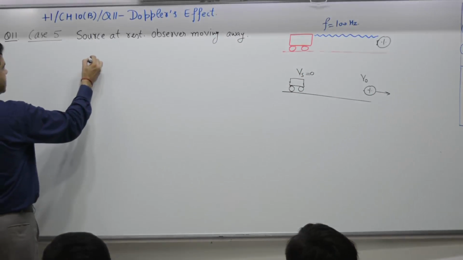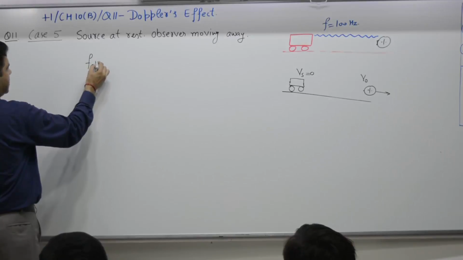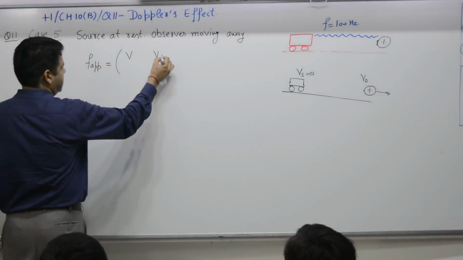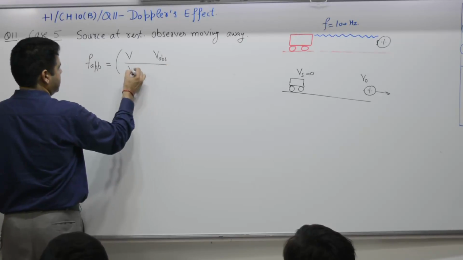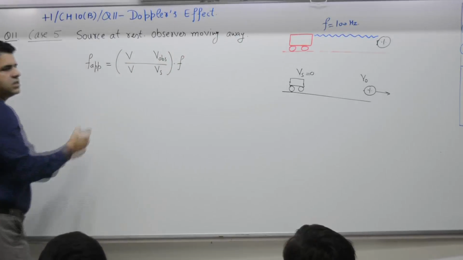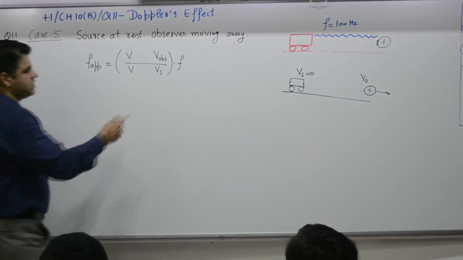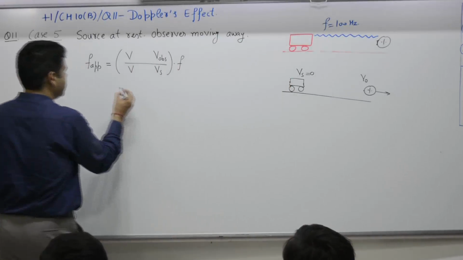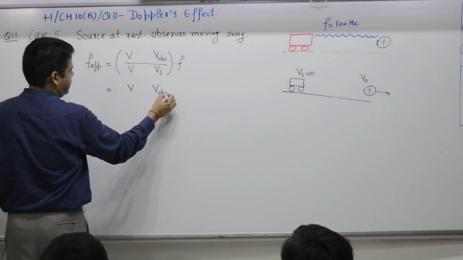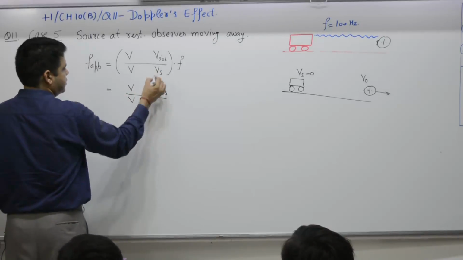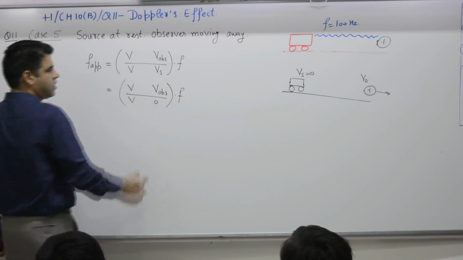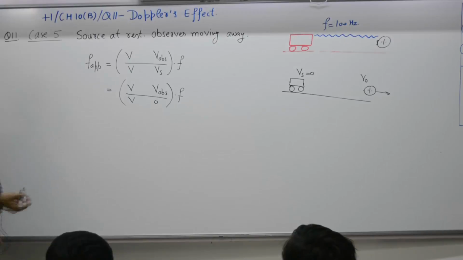Formula for the same is apparent frequency is equal to observer in numerator, source in denominator, and you have to decide this sign. Vs is equal to what? Source speed is what? 0. Observer, this is 0, that is why there is no significance of this sign. You can place plus or minus, whatever it is.